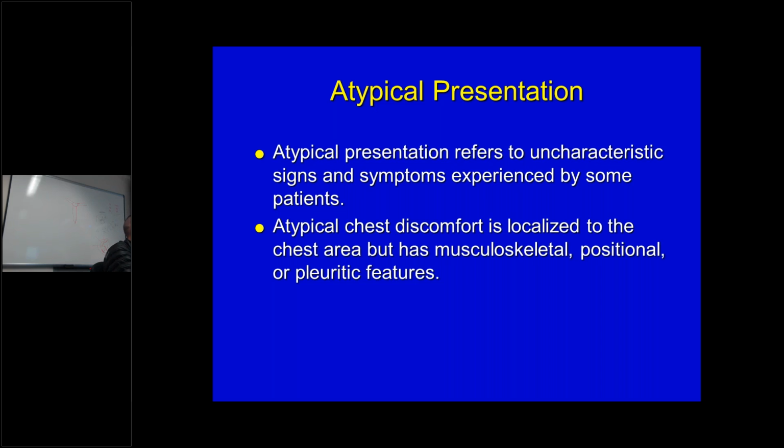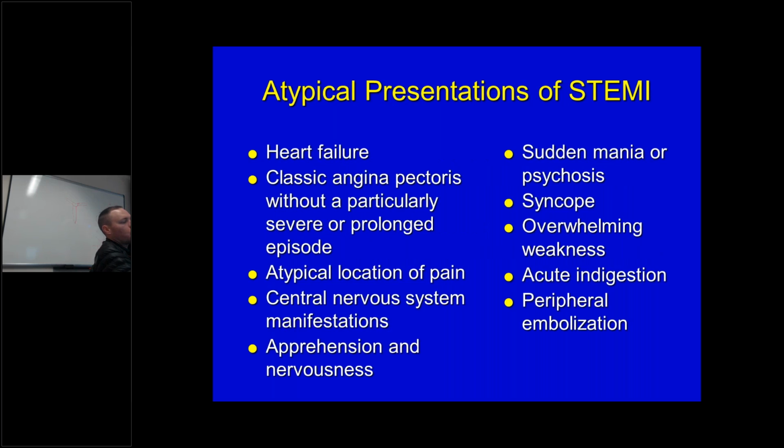Atypical just means that it's not classic, right? They don't have the typical chest pain. They have these atypical symptoms. They have symptoms that seem like they would be something else. Rib pain or lung pain or acid reflux or whatever.